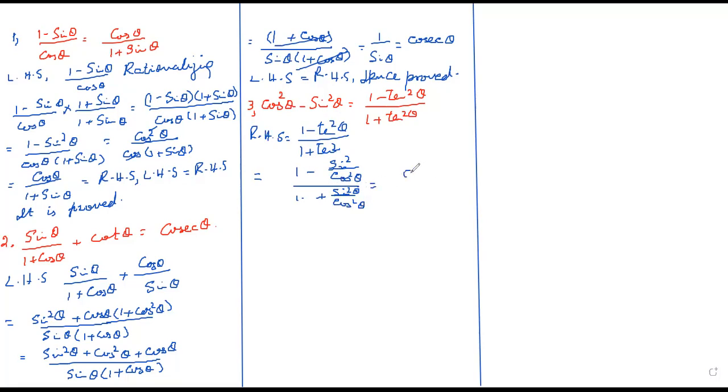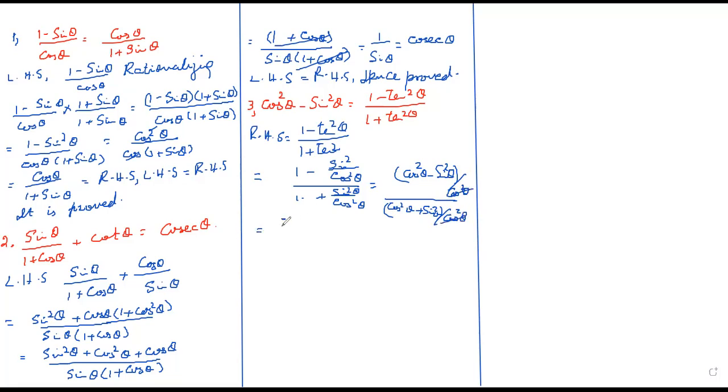We have (cosine square theta minus sine square theta) divided by cosine square theta, and the whole divided by (cosine square theta plus sine square theta) divided by cosine square theta. These two got cancelled.